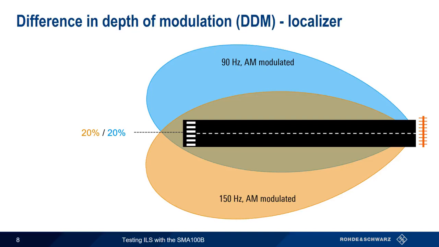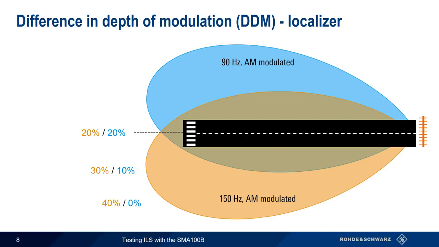For example, at this point, the modulation depth of the 150 Hz lobe has increased to 30%, and the depth of the 90 Hz lobe has decreased to 10%. And at the far right edge of the localizer pattern, we see the 150 Hz lobe at 40% AM modulation depth with a zero modulation depth, so to speak, on the 90 Hz lobe.